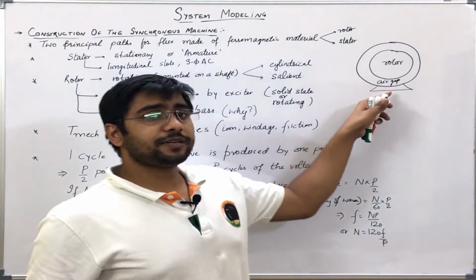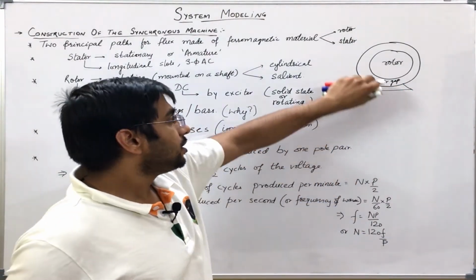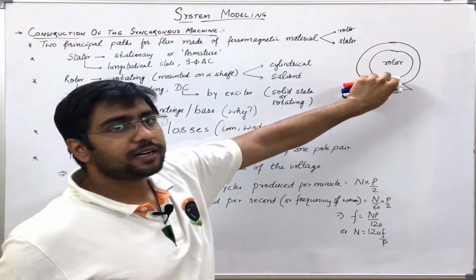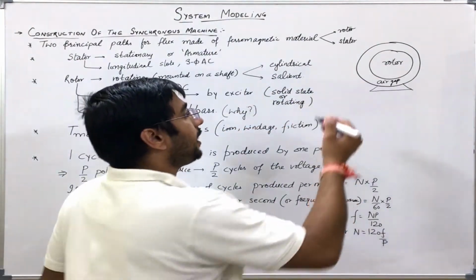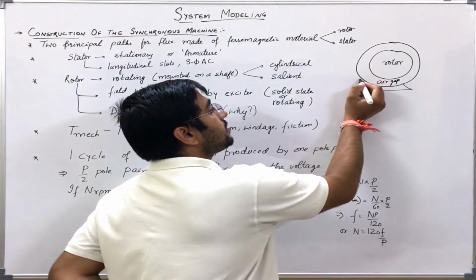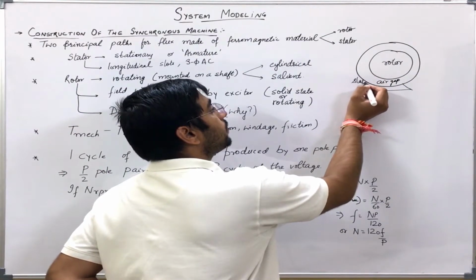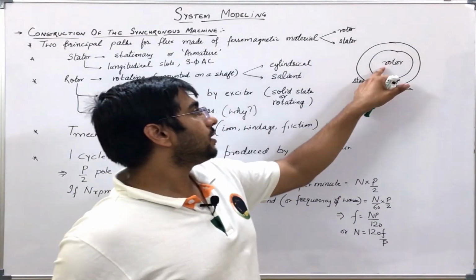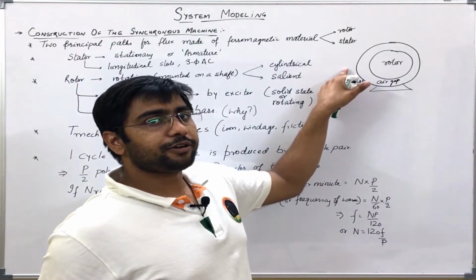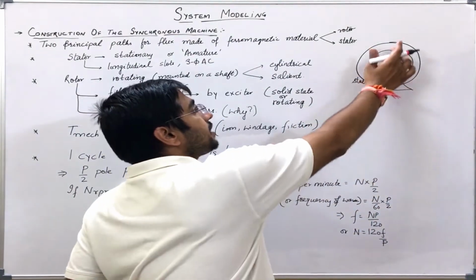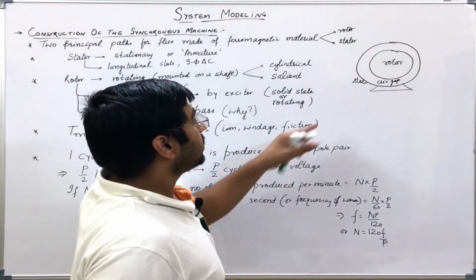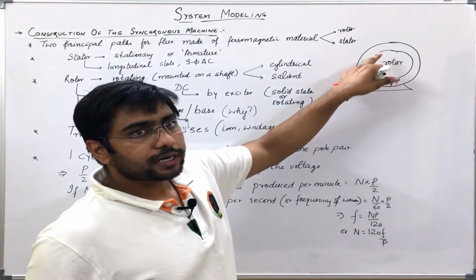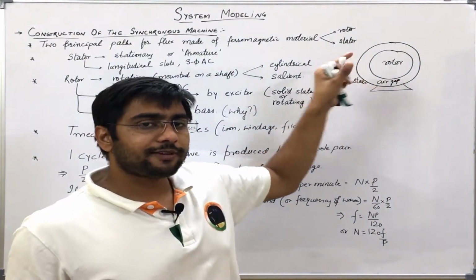The air gap here has been exaggerated, that is, it is shown much more than its actual proportion. Both rotor and stator are made of ferromagnetic material, and this is just air. So the stator as well as the rotor carry slots for the windings.